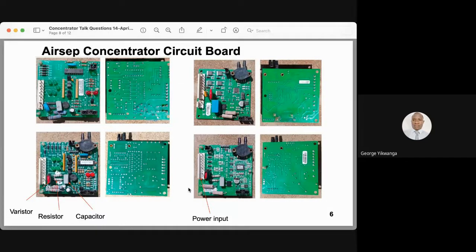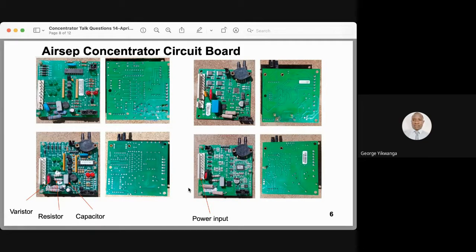Some of the common failures that we have come across with this circuit board for AirSep mainly have to do with damaged resistors, as you can see in the graphics where it's indicating the resistor. We also have issues with the varistor and issues with the capacitor. Basically, this is due to voltage fluctuation because that is on the power supply input.